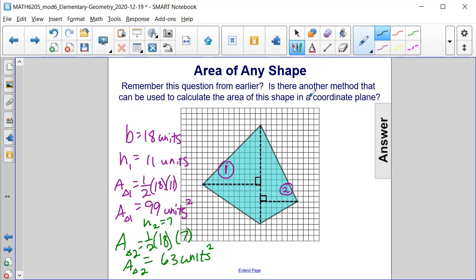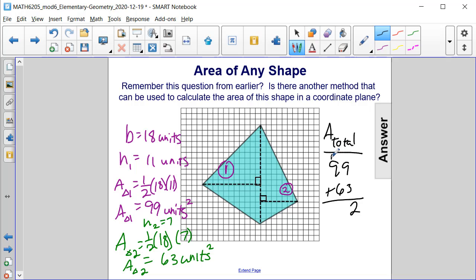And then if we were to add these two areas up, we can get the total area of this shape. And again, we're adding them up. So we have 99 plus 63. And 9 plus 3 is 12. So we put the 2 down and we bring the 1 over into the tens column because it represents 10 plus 2.